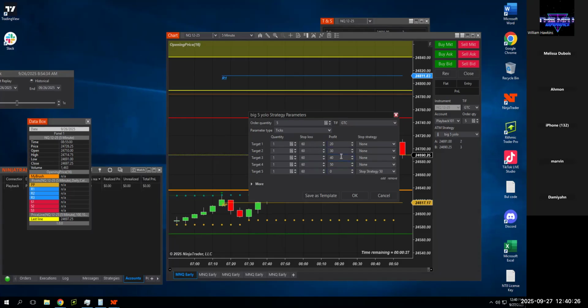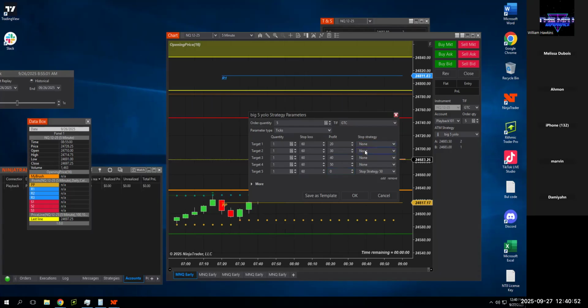If I do a short, as the market moves down it locks in profits. If it doesn't go all the way down and turns back up, I already got maybe 2 or 3 of these contracts filled. You can decide to close out the trade or continue to let it roll. You also have this very last contract, which I have set to a profit of 0. That's my runner.